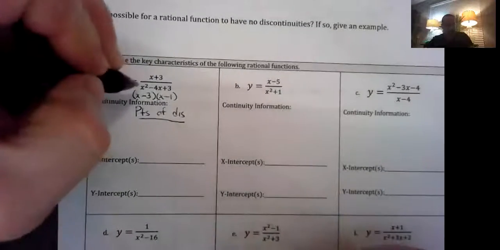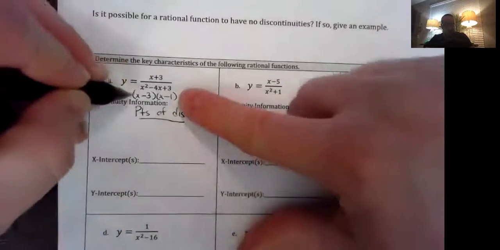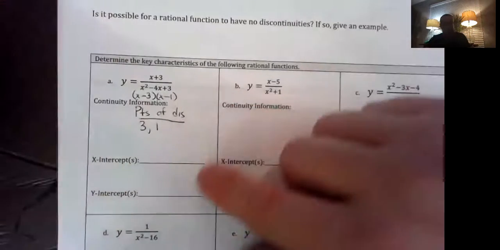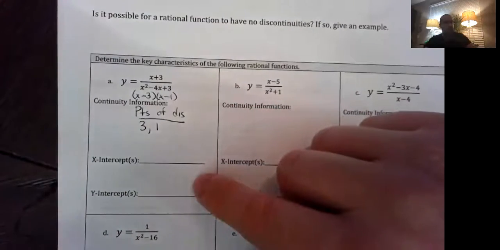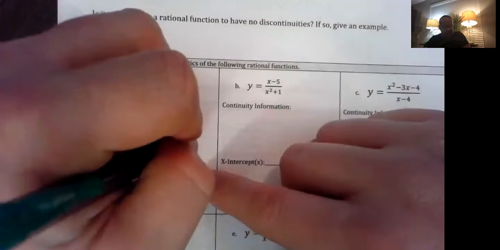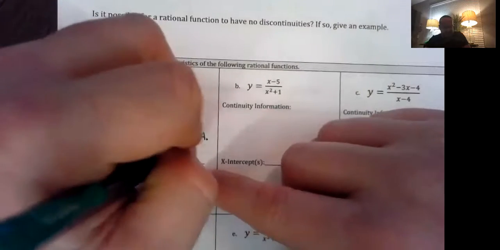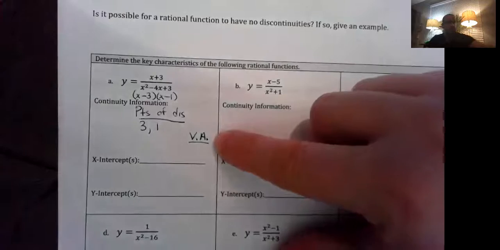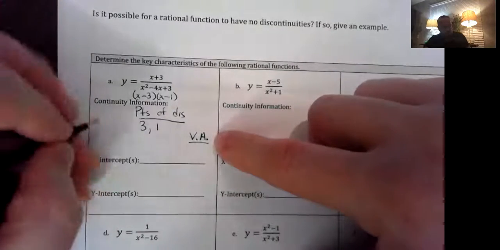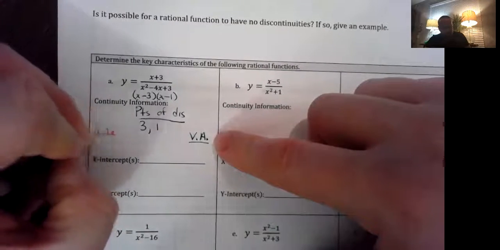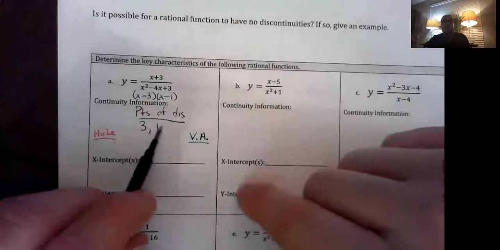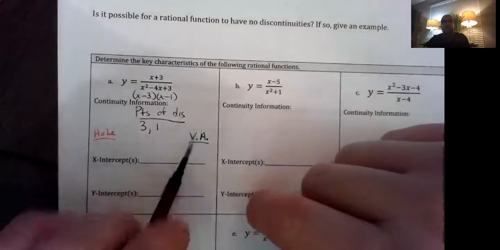Okay. Now, in order for me to look at points of discontinuity, I now know it's +3 and +1. When I do this, I need to analyze each of these numbers because 3 is either going to be a hole or a vertical asymptote. 1 is either going to be a hole or a vertical asymptote.